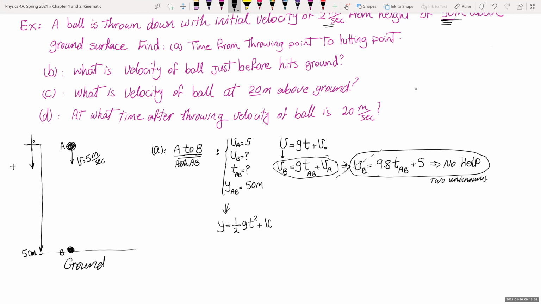plus v naught t plus y naught. Pay attention, this y is yB. 1/2 is 1/2, g is g, time is for path AB, initial velocity is velocity at point A, correct?